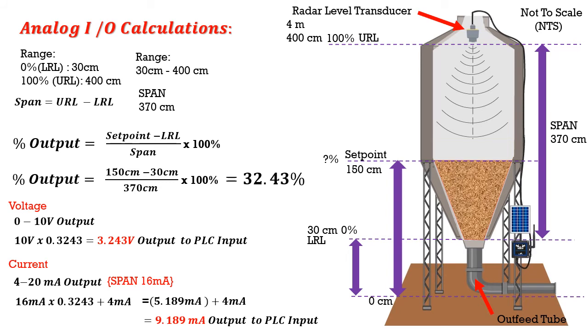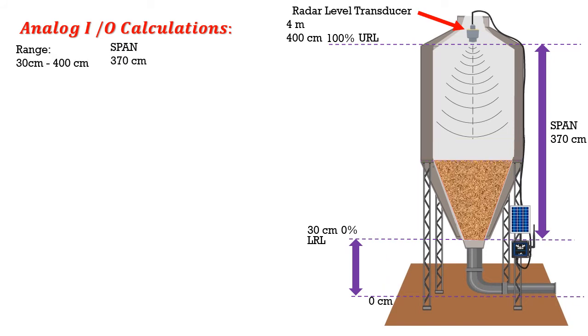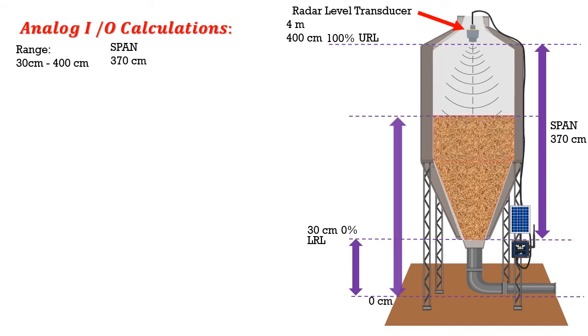So let's do another example, just to make sure it's clear. So again, here's the grain silo that we had already set up. We've got a span of 370 centimeters with a range of 30 to 400. We're going to add more grain to get a height of 245 centimeters off the ground.